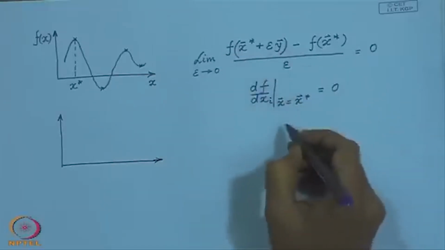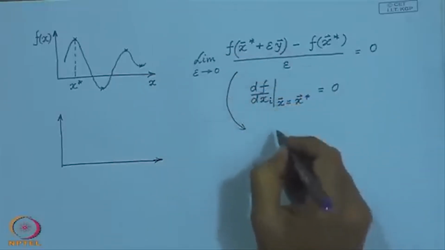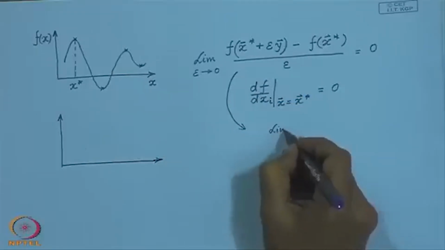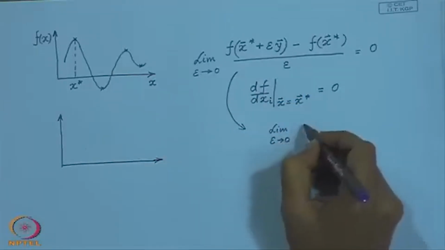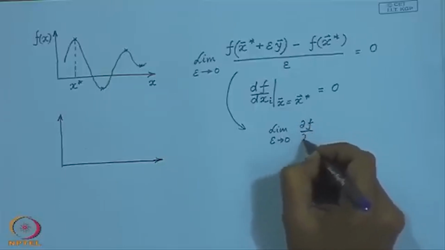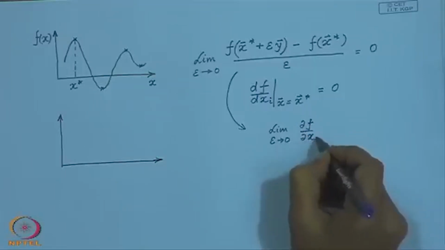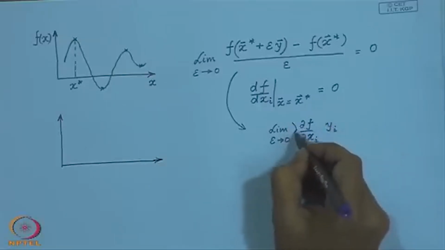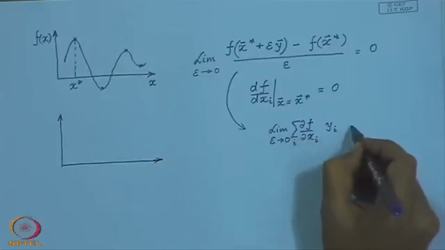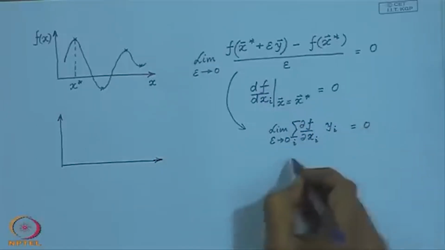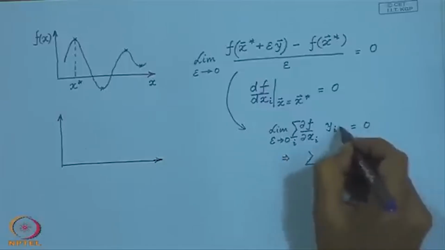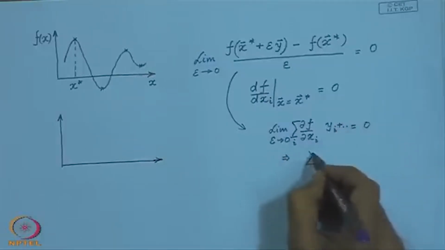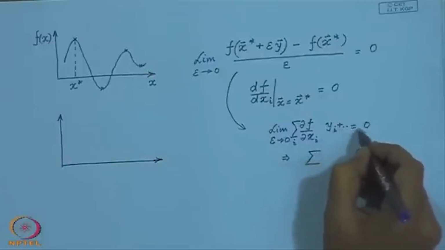If you Taylor expand, then the first term, so, this is the first term, there will be further terms. Finally, those terms will have epsilon.